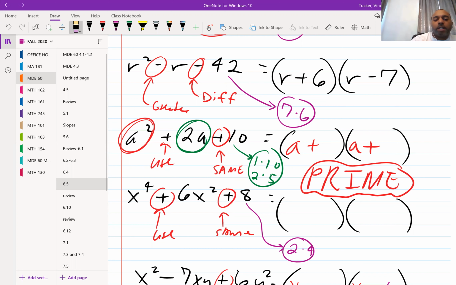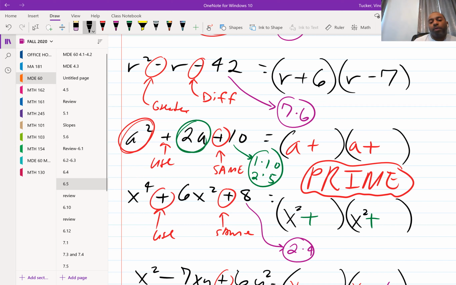So we're looking at our signs, and they're supposed to be the same, and both of them should be positive. Looking at this first term, x to the 4th, that's going to be x squared times x squared.